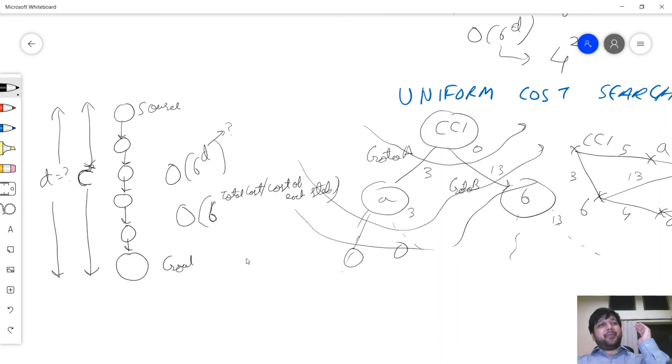Now, after reaching a solution of C star, your search stops. And therefore, let's say I need to maximize this term. What's the maximum cost that I ever visited? C star. What was the least cost step that I took? It's epsilon.